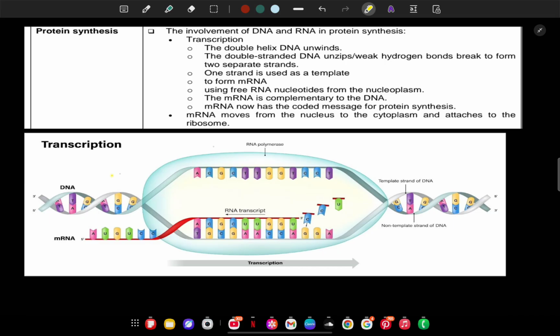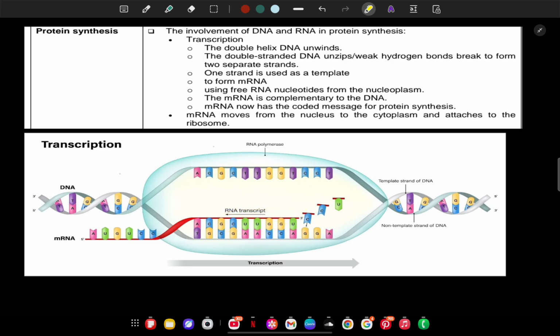So in the nucleoplasm, let's say this is the nucleoplasm, there are free floating nucleotides that were used to form the mRNA. As you can see, these are nucleotides that are freely floating, coming onto the one strand that is acting as a template to form mRNA.